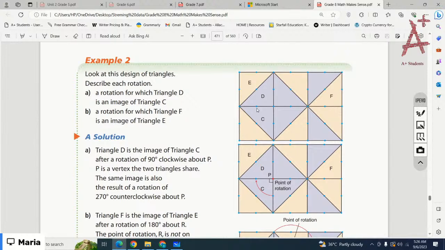That means after a rotation of 90-degree clockwise about P, right? P is the vertex the two triangles share.